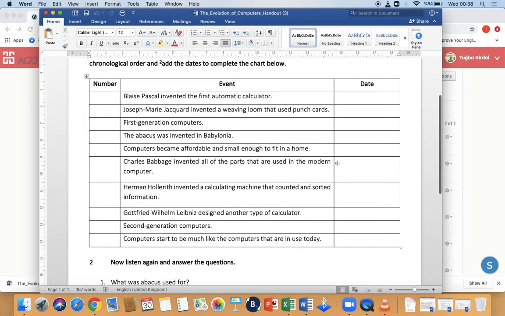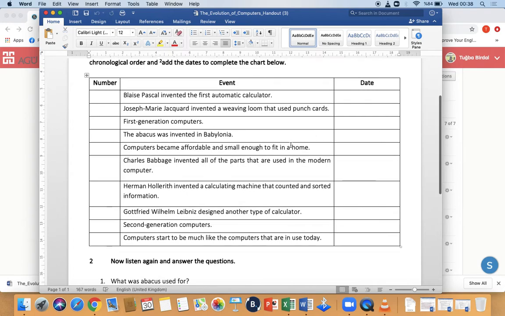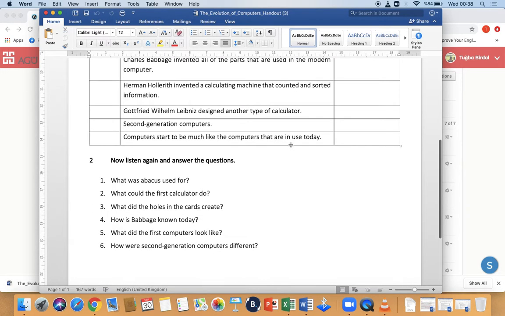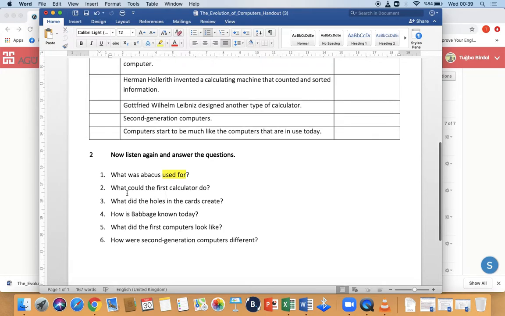And when you are done with the chart, you should listen again and answer these questions. First question: what was abacus used for? What is the purpose of it? This is the question. And next, what could the first calculator do? We are talking about the first calculator.